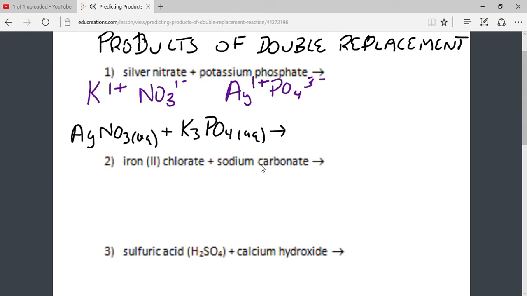The correct charges for each ion must also come with the ions as they trade places. This creates 2 new compounds with the following formulas.